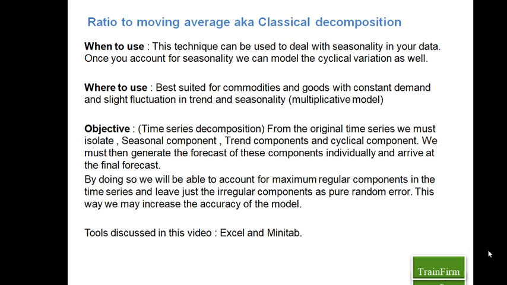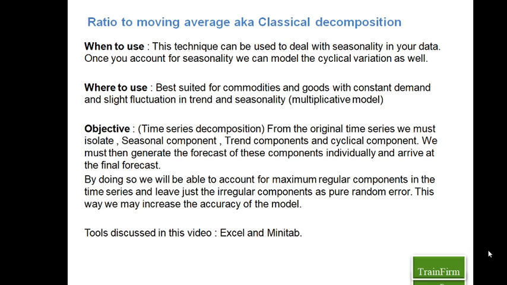And once you account for seasonality, then you have techniques to account for the cyclical and the trend component as well. So primarily, if there is seasonality present in your time series data, we can go ahead and use the ratio to moving average forecasting technique, which will give you a genuine forecast number for the future.